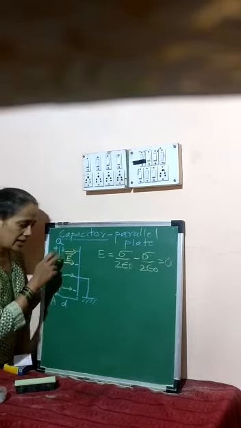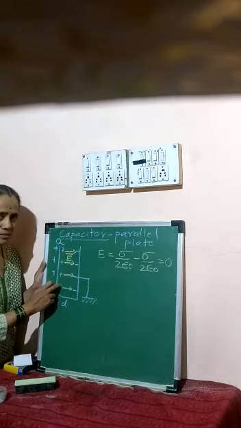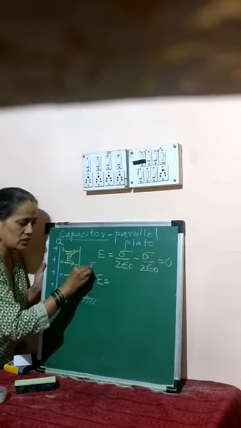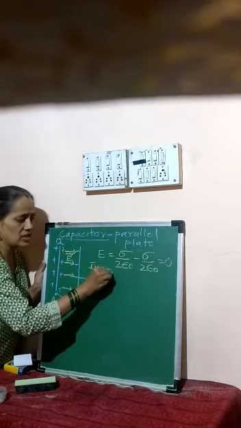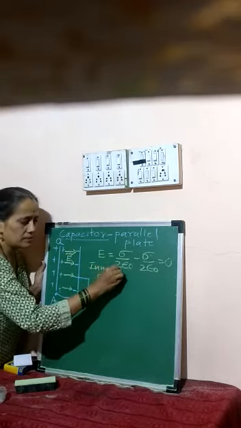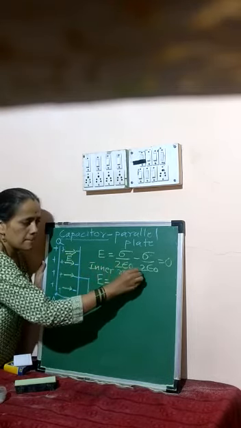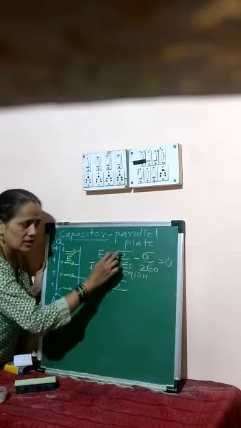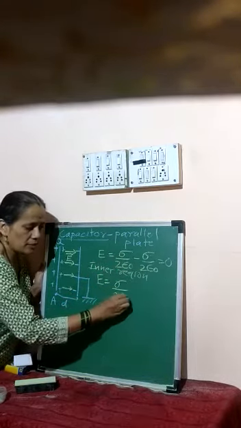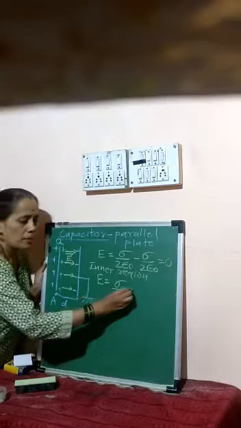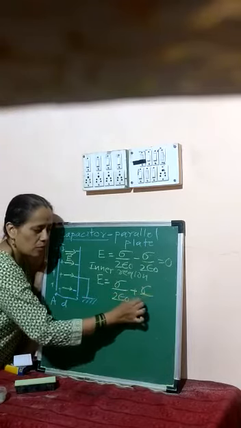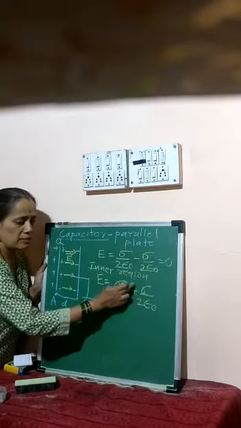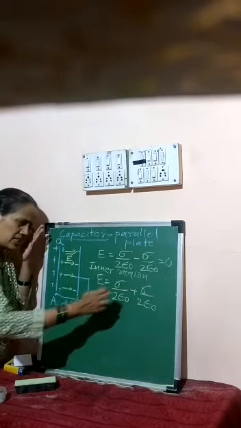While in the inner region of the plates, I can say that the intensity is sigma upon twice epsilon 0 plus sigma upon twice epsilon 0. Now the question may come to your mind: why is there a plus sign?